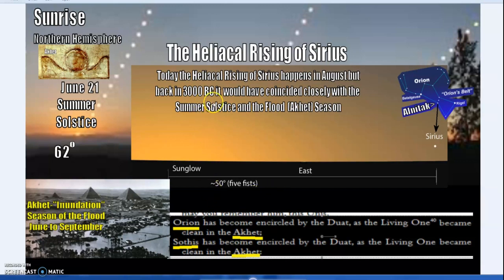And today the heliacal rising of Sirius happens in August, but back in 3000 BC, around about that time, the heliacal rising of Sirius, when it rose with the sunset, is the heliacal, as in Helios, the sun. It rises with the sunset, and it would have coincided with the summer solstice or the beginning of the flood season.